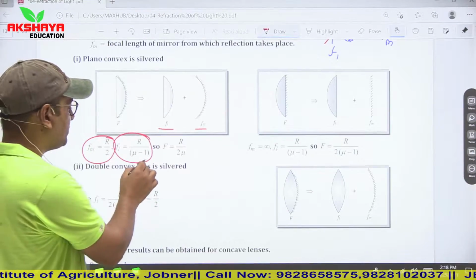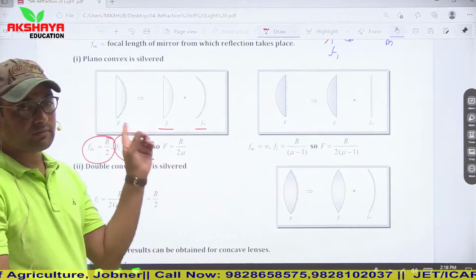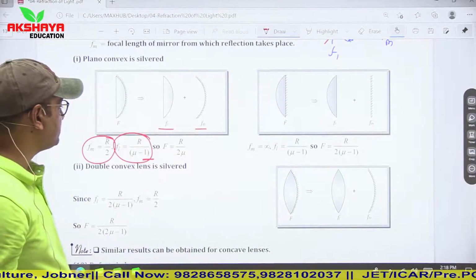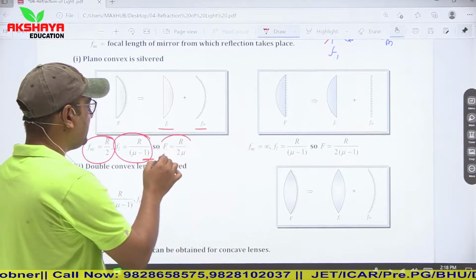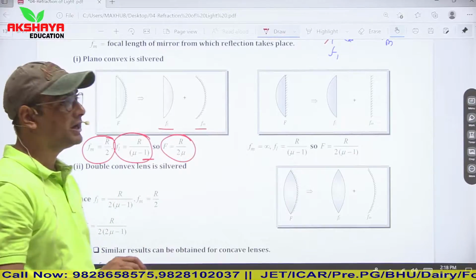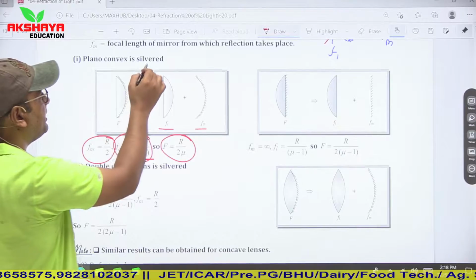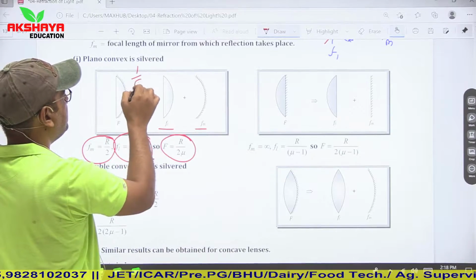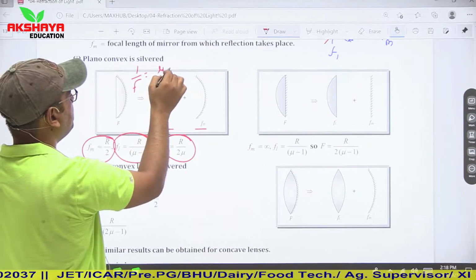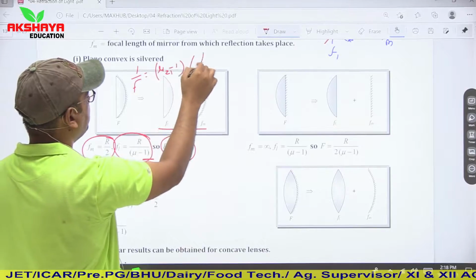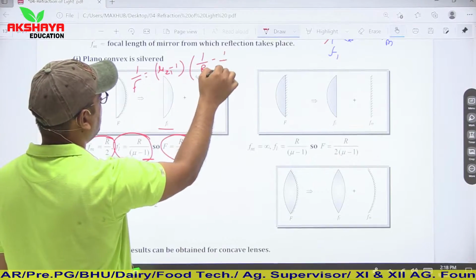We have seen this formula from refraction through spherical surfaces. So F is equal to r upon 2 mu. This can be explained with the formula 1 upon f is equal to mu minus 1 into 1 upon r1 minus 1 upon r2.